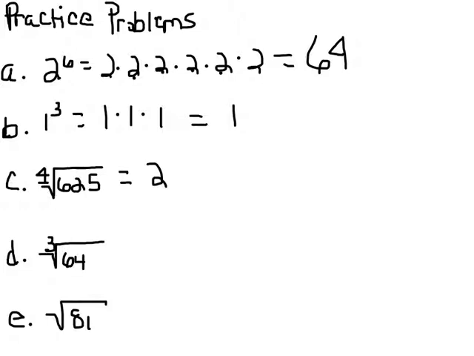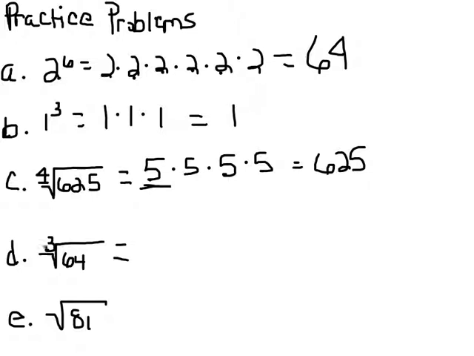So let's try that and see how that works. 5 times 5 is 25, and 25 times 5 is 125, and 125 times 5 is indeed 625. So 5 would be our answer.